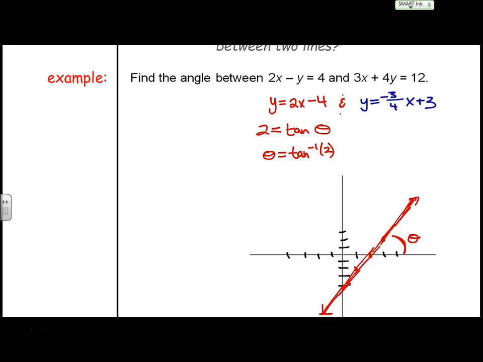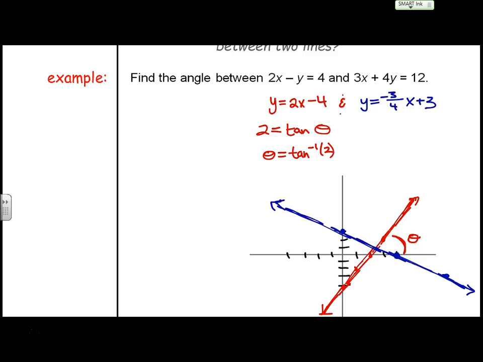We're going to go ahead and graph the other one. We start at positive 3. We go down 1, 2, 3 over 1, 2, 3, and 4. Roughly, right?